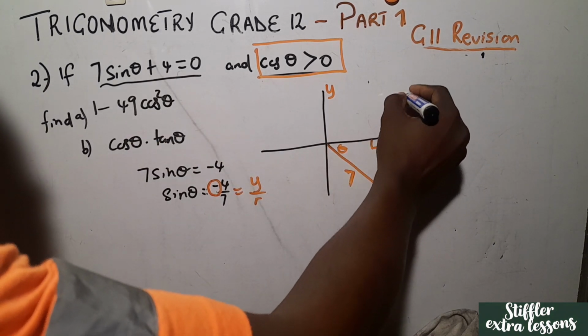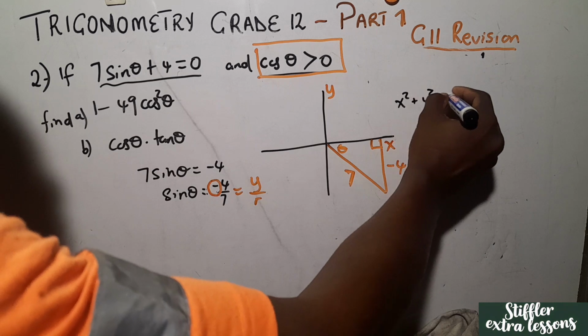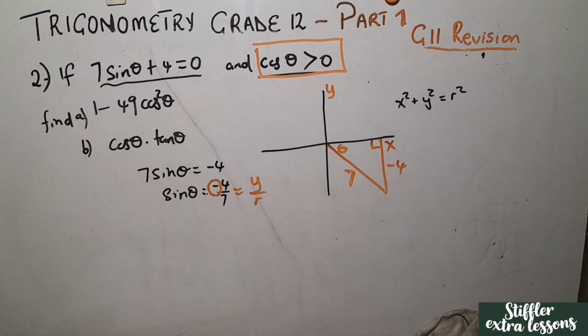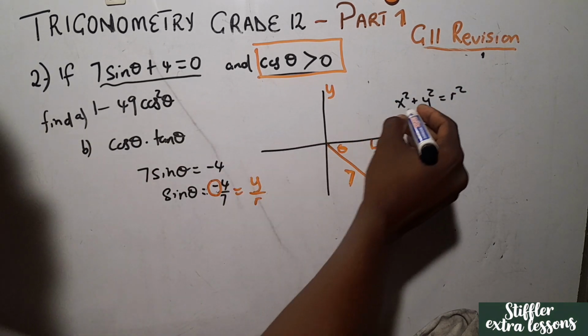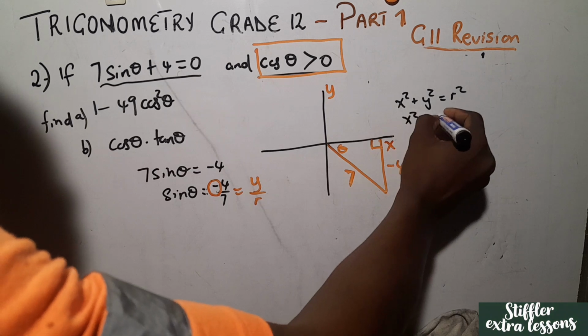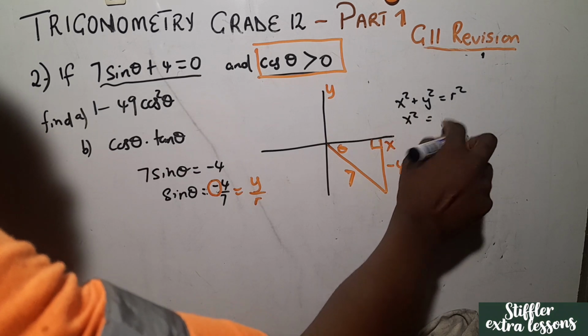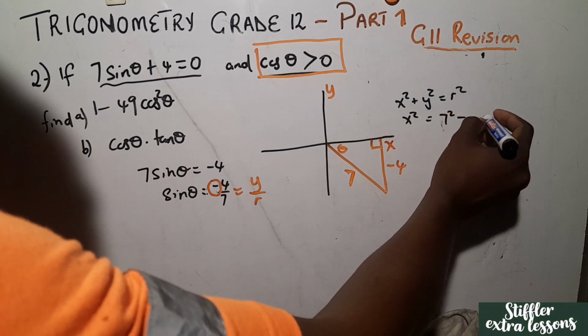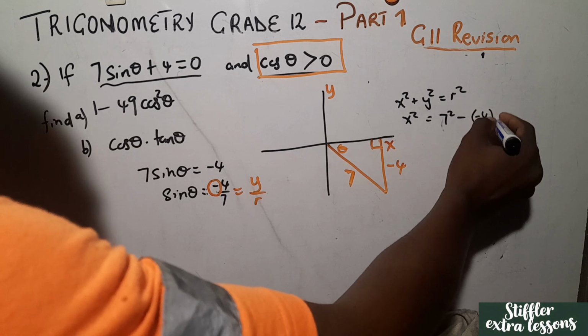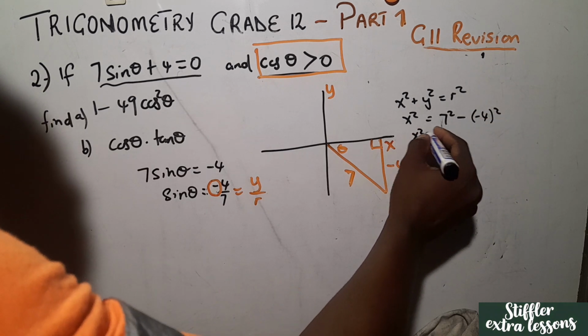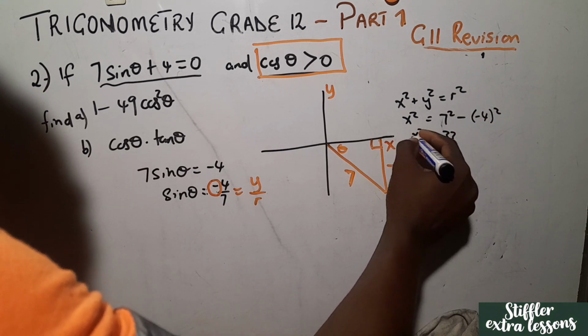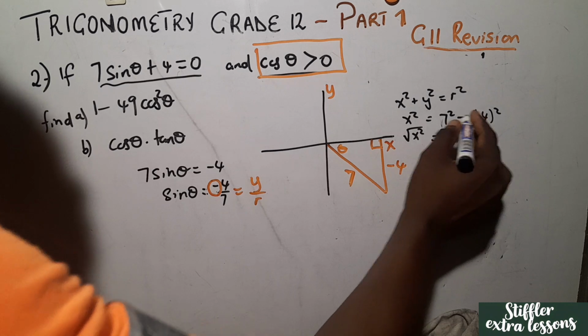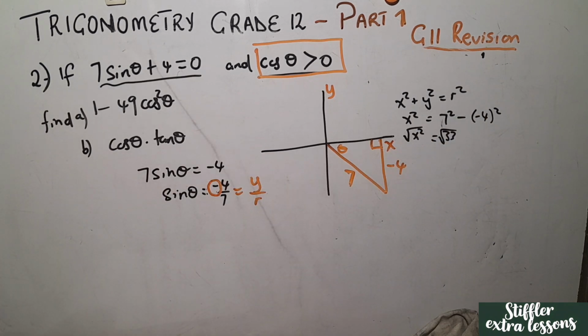We know that x squared plus y squared is equals to r squared. Still using Pythagoras, right? So our x squared becomes 7 squared minus (-4) squared. Our x squared becomes 33, so root there, right?